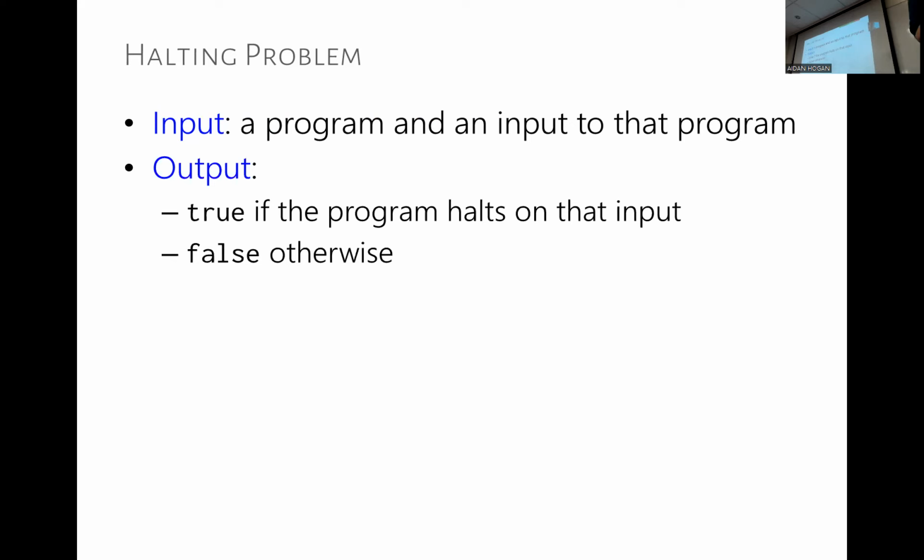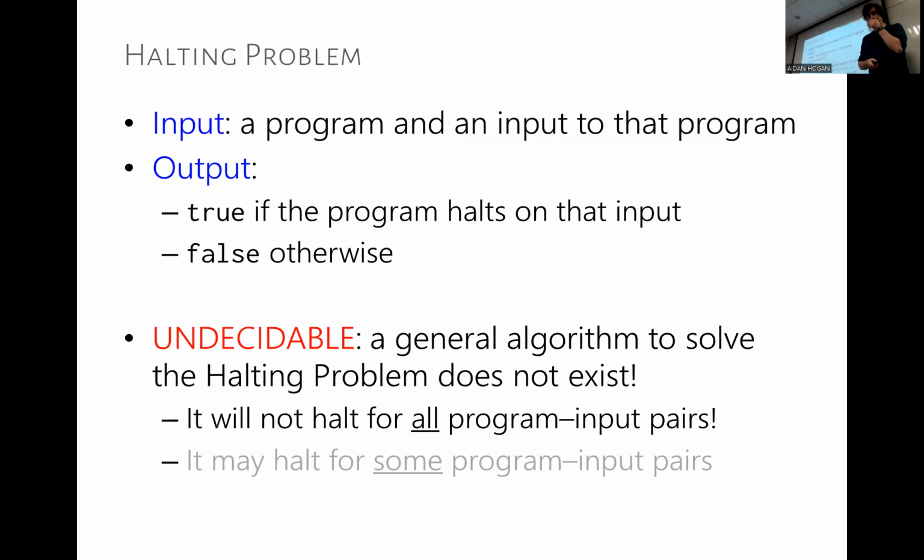This wasn't known to be possible or impossible until the 30s or 40s, I guess, when it was proved to be undecidable. So a general algorithm to solve the halting problem does not exist. It will not hold for all program-input pairs, though it might hold for some. We'll see some undecidable problems soon.